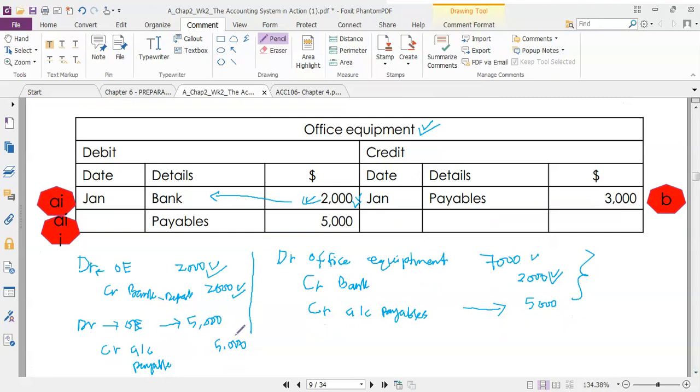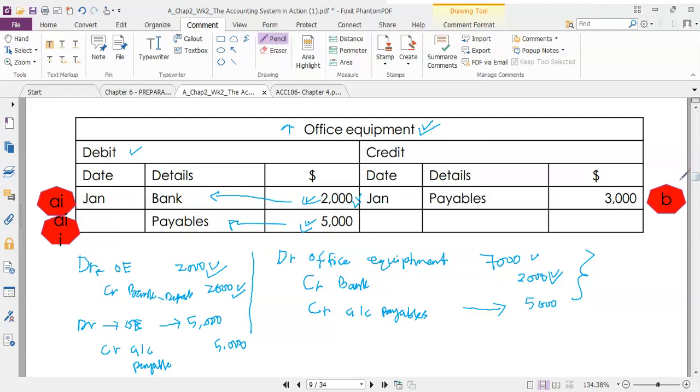So credit 5,000. So office equipment you debitkan dulu sebab bila you beli barang, your office equipment is increased. So when office equipment is increased, you must put in the debit side. So the debit side 5,000 ringgit.